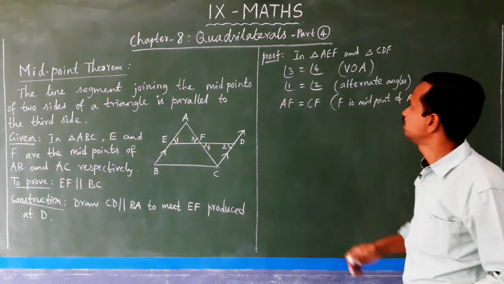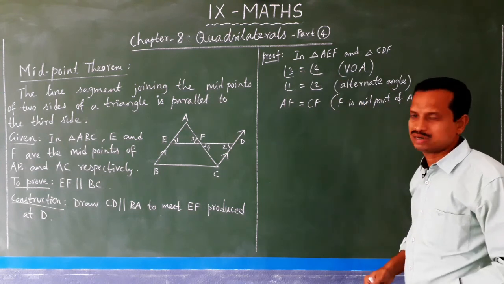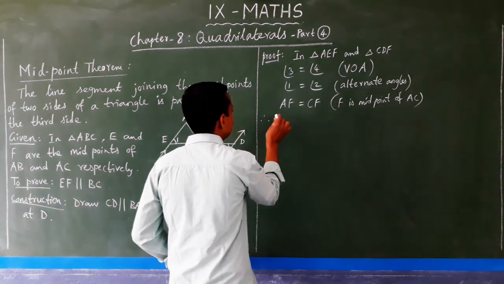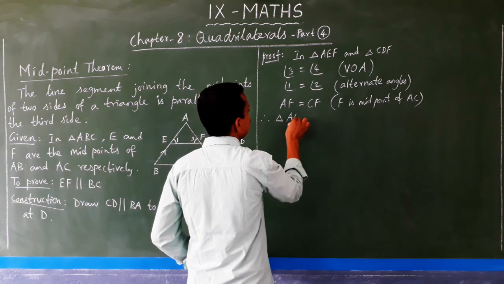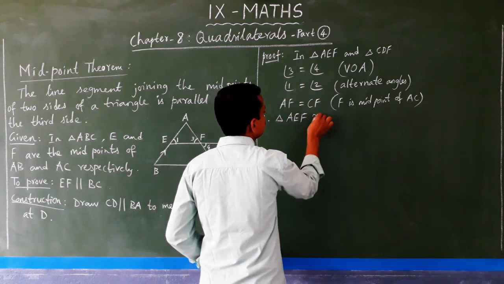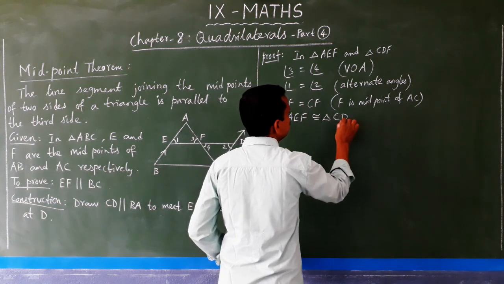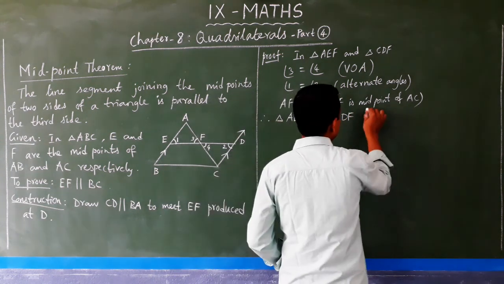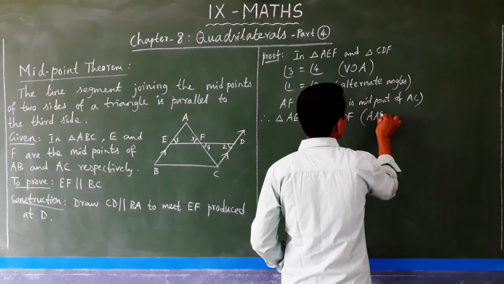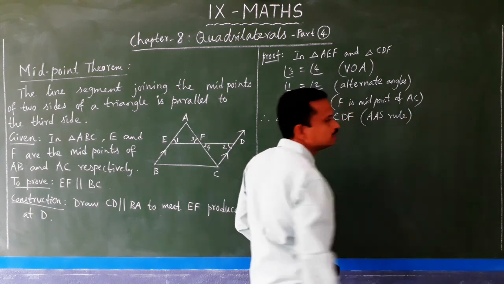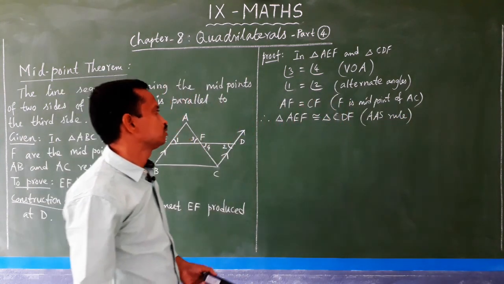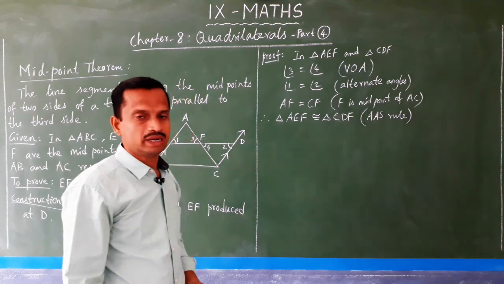So we have two pairs of angles and one pair of sides. Therefore triangle AEF is congruent to triangle CDF, by the AAS criterion, angle angle side. By that we can say these two triangles are congruent.